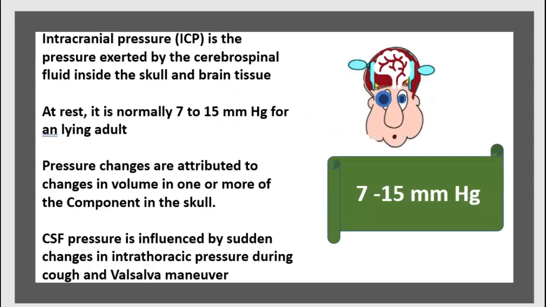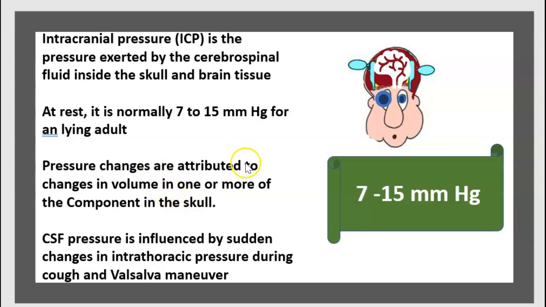Intracranial pressure is the pressure exerted by the cerebrospinal fluid inside the skull and brain tissue. At rest, it is normally between 7 and 15 millimeters of mercury for a lying adult.